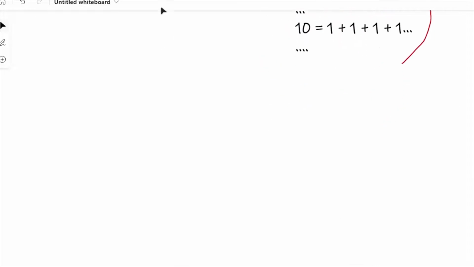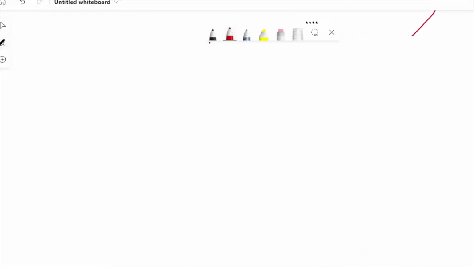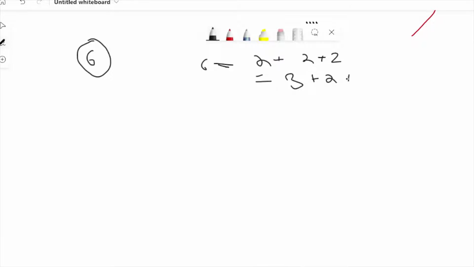So for example, if we were given a number like 6, then instead of thinking about how 6 can be written as 2 plus 2 plus 2 or 3 plus 2 plus 1 or 1 plus 1 plus 1, something like that, we divide 6 into two numbers such that the sum is 6.